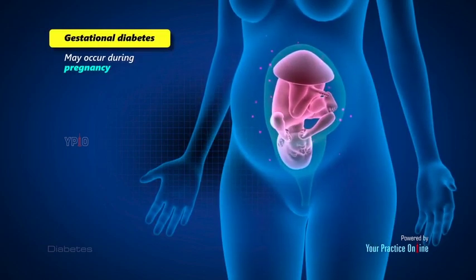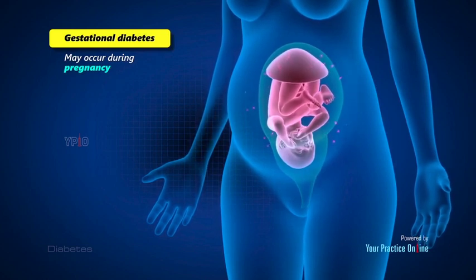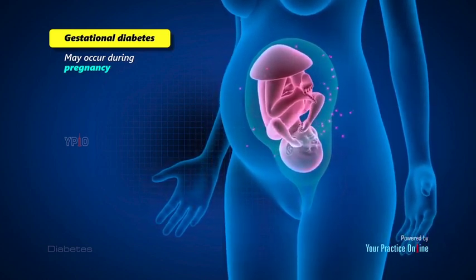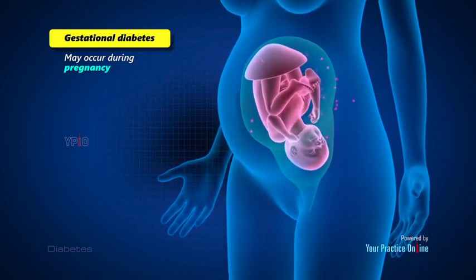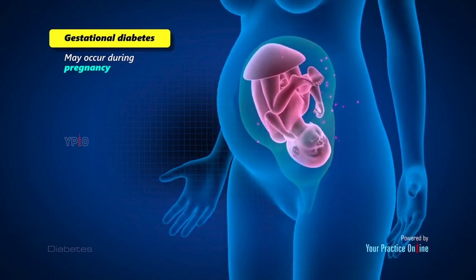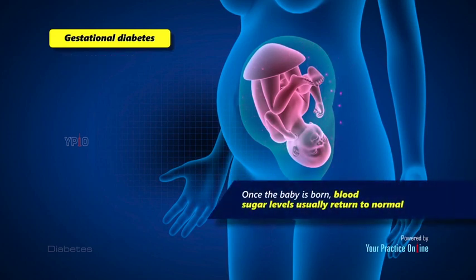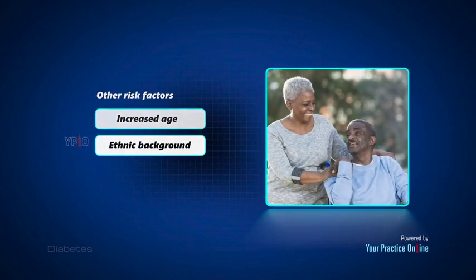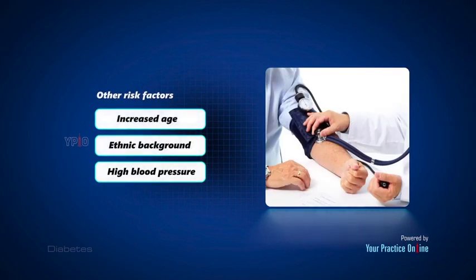Gestational diabetes is a type of diabetes that may occur during pregnancy, as hormones produced for the baby's growth and development block the action of insulin, raising the mother's blood sugar levels. Once the baby is born, blood sugar levels usually return to normal. Other risk factors for diabetes include increased age, ethnic background, and high blood pressure.